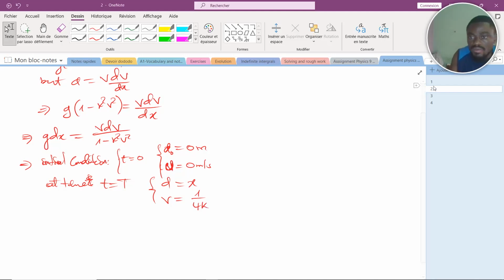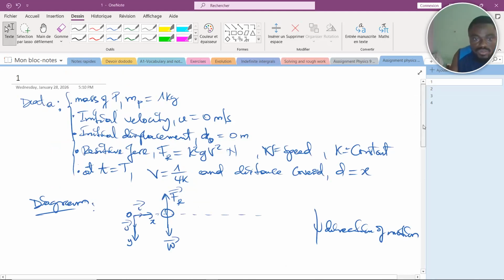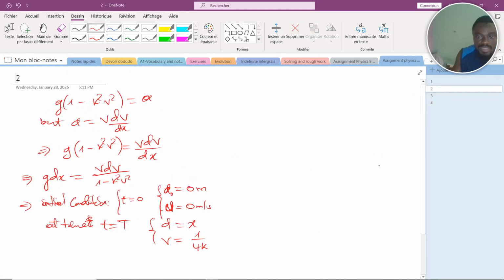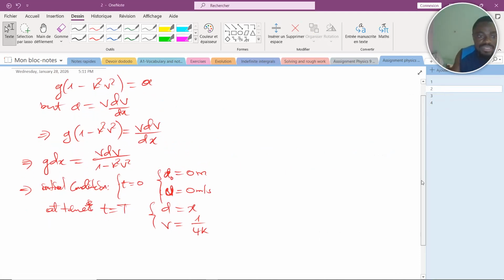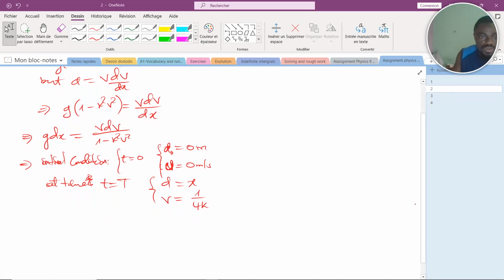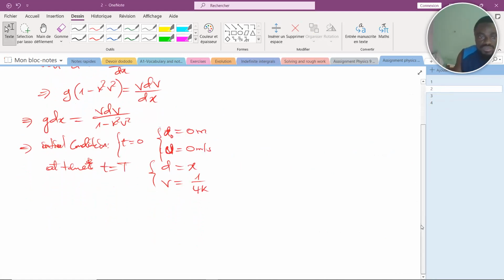Let me verify: its velocity was 1/(4k) exactly. Now we have our boundary conditions, and from there we can proceed to the integration.